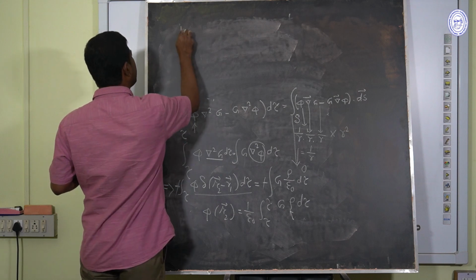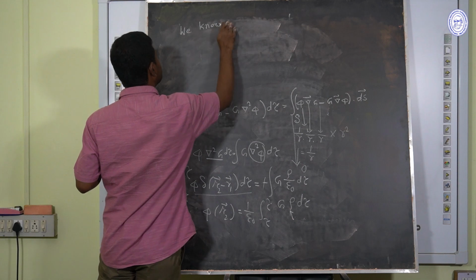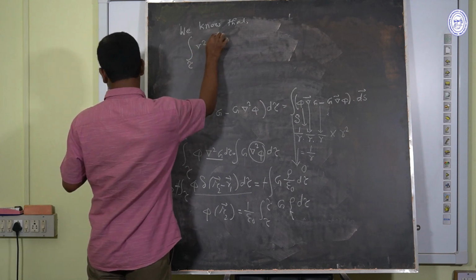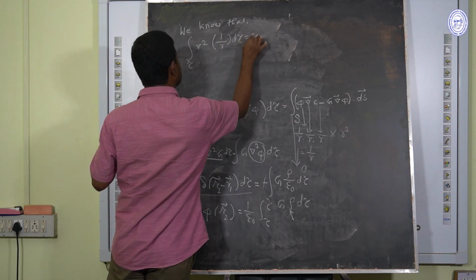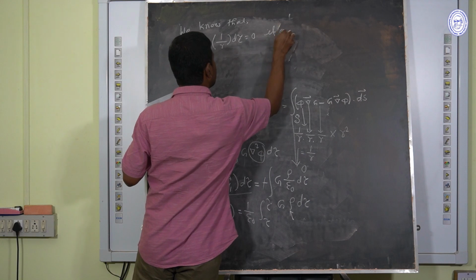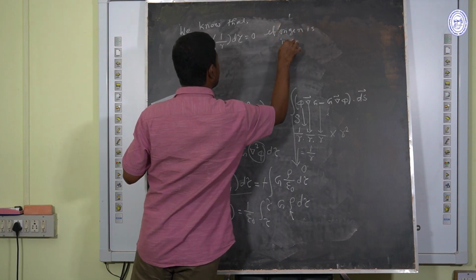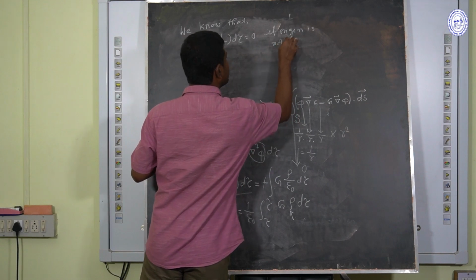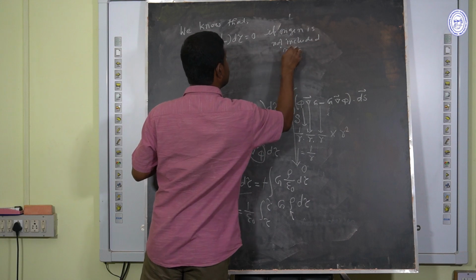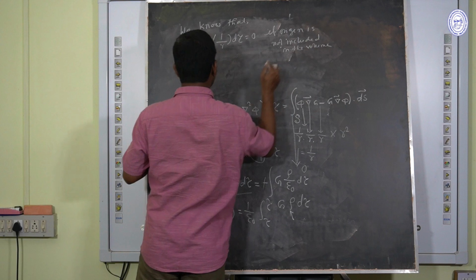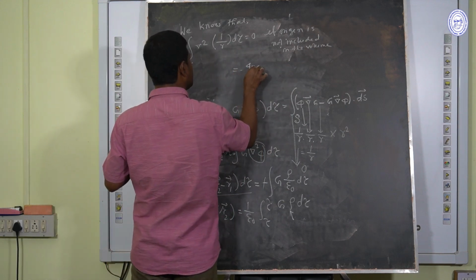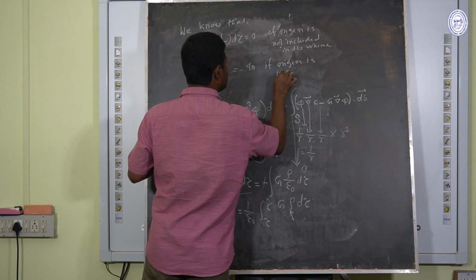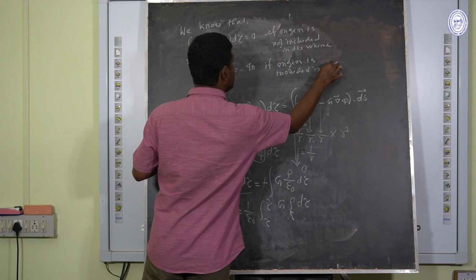It is well known that the integration over the volume tau of Laplacian of 1 by r d tau is equal to 0 if the origin is not included in the volume, and equal to minus 4 pi if the origin is included in the volume.